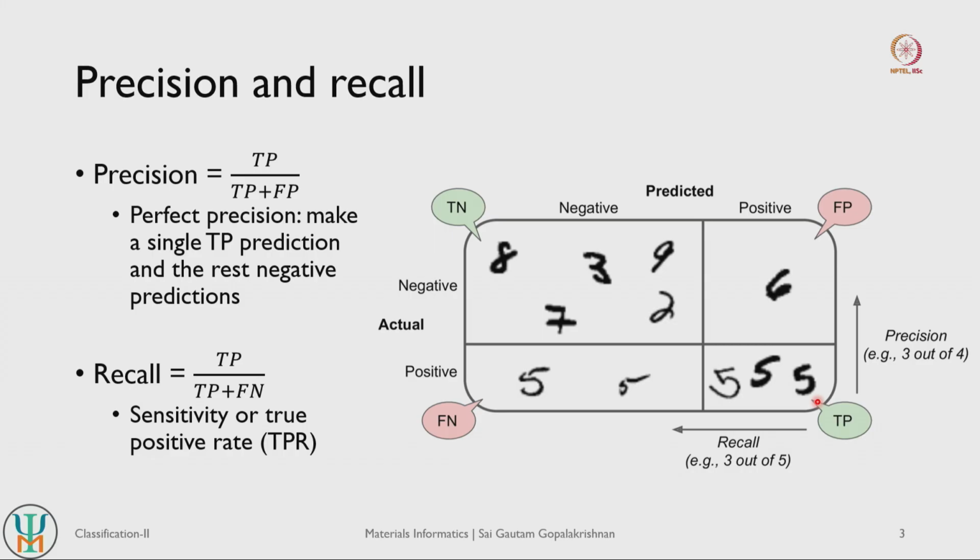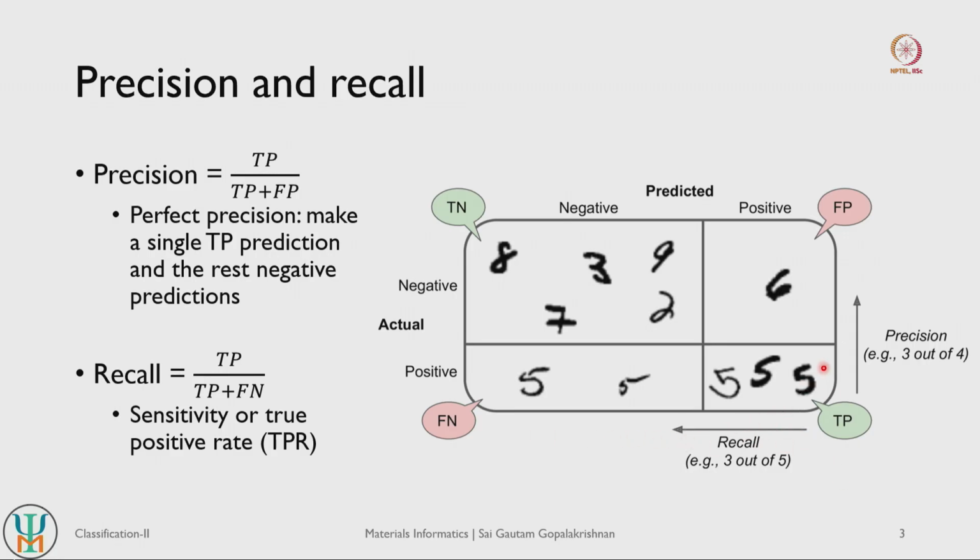To calculate precision, you take the total number of true positive predictions divided by the total number of positive predictions. In this case you have 3 true positive predictions and 1 false positive prediction, so the precision is 75%, 3 out of 4. Precision is calculated along this axis, whereas recall is calculated along this axis.